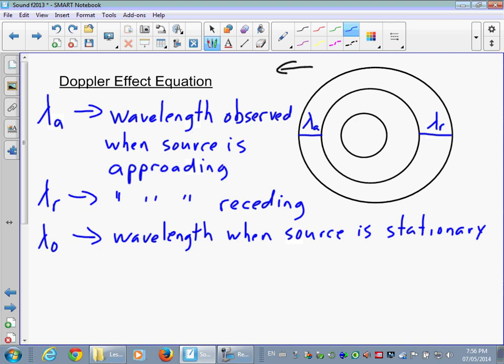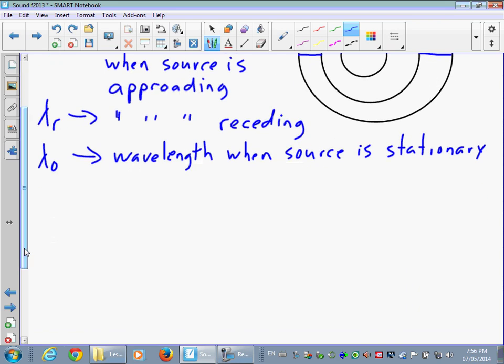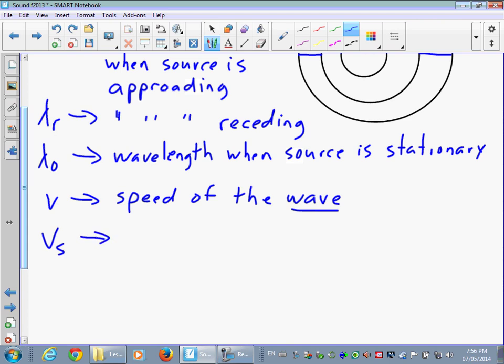A couple of speeds we need to talk about now, and here's where you need to pay particular attention. V is going to represent the speed of the wave. So there's two speeds here. The other speed is going to be called Vs, and that is the speed of the source.